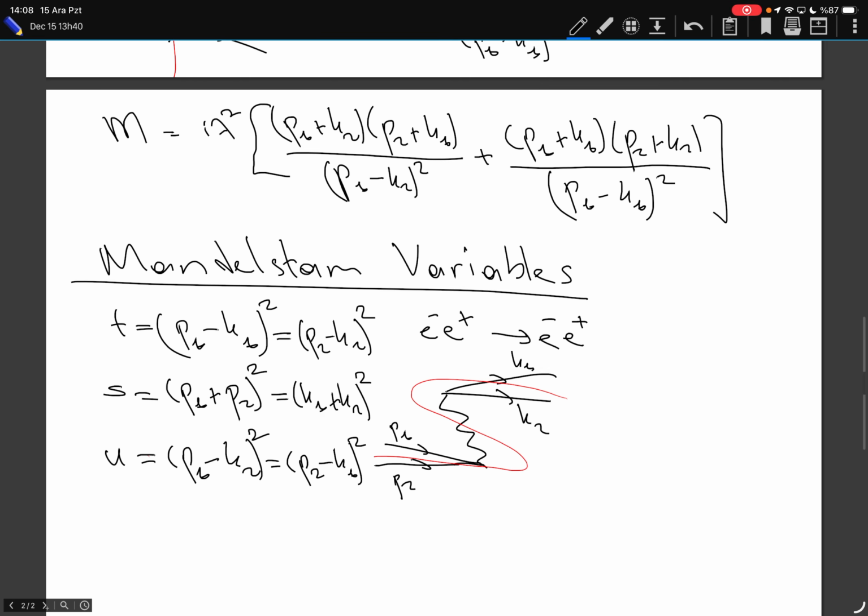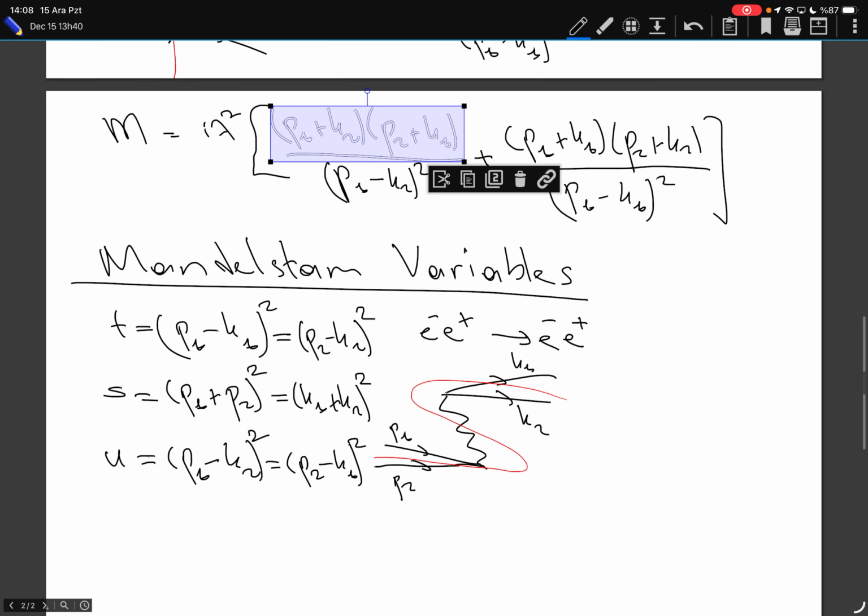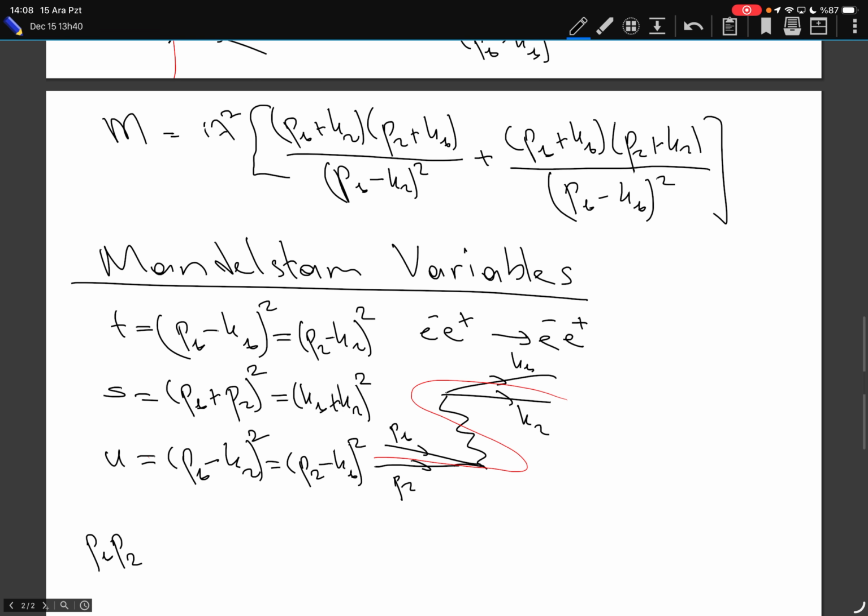No. Well, let's see. In terms of these variables, if you look at this one, I have such cross terms. What do I have there? I have P1 times P2. But P1 times P2 is 1 over 2 of P1 plus P2 squared minus P1 squared minus P2 squared.